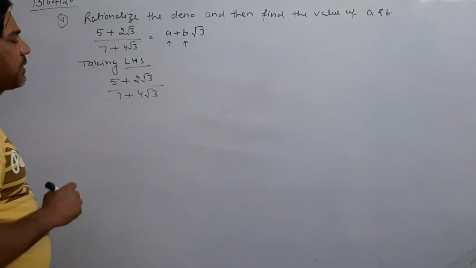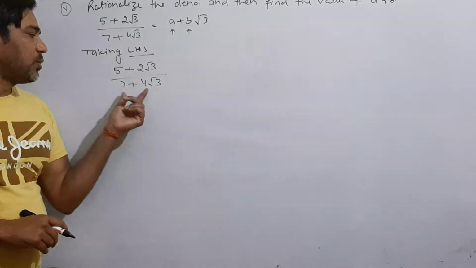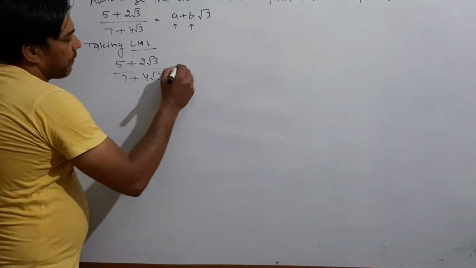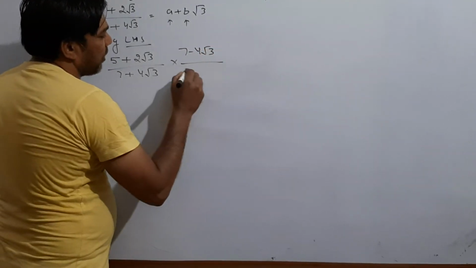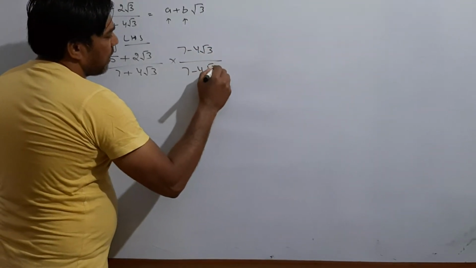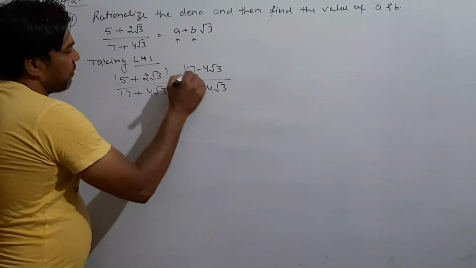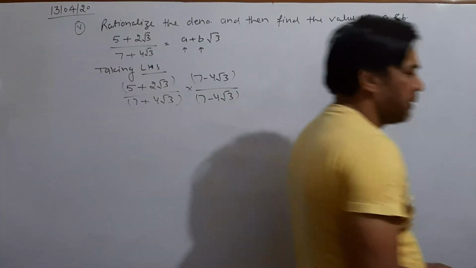So now how can we solve? We have to multiply this by its conjugate. So what is the conjugate of this number? It would be 7 minus 4 under root 3. Multiply 7 minus 4 under root 3 upon 7 minus 4 under root 3. Because these are binomial terms, we must close them in a bracket. Right?